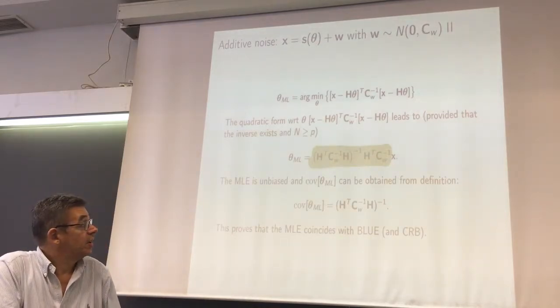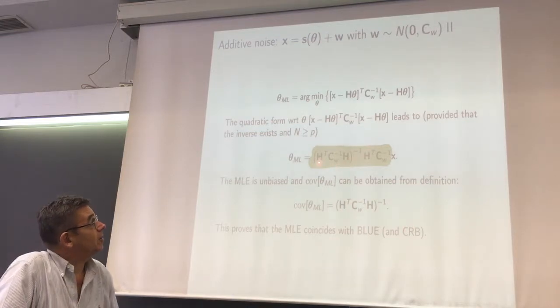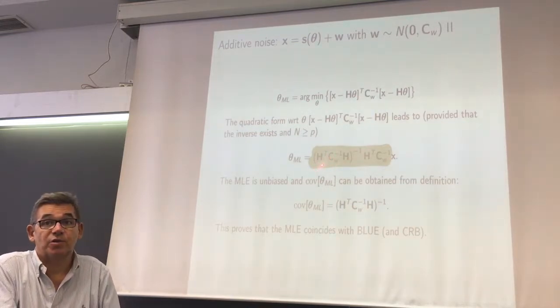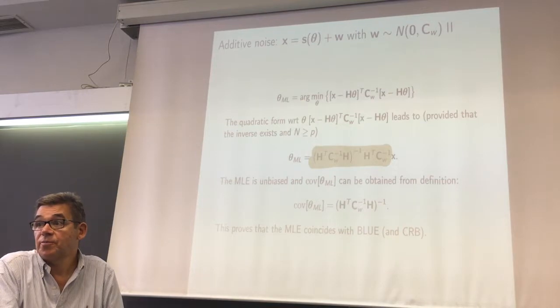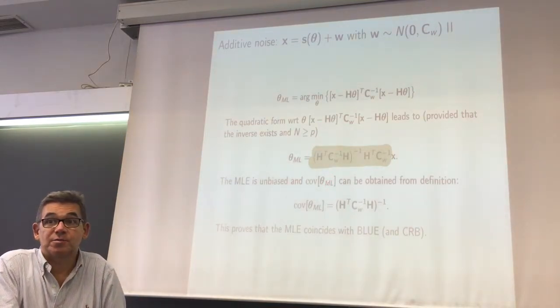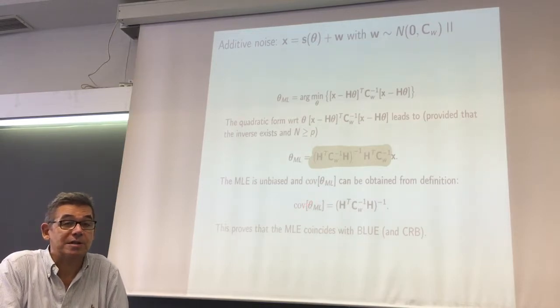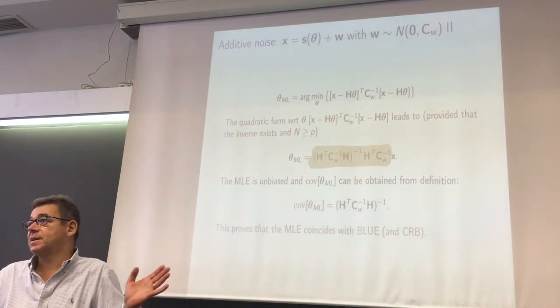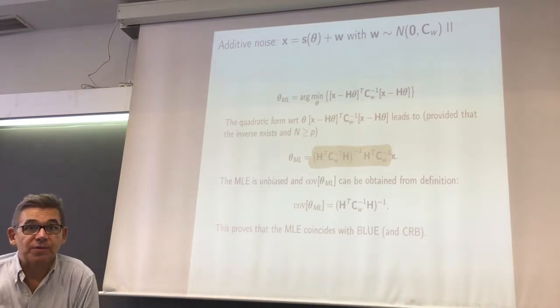Good news. Now, if I go back, I remember that I've seen this one before. It's the BLUE estimator. So the BLUE estimator coincides with the maximum likelihood estimator, and since the maximum likelihood is the best, why should I do something more?